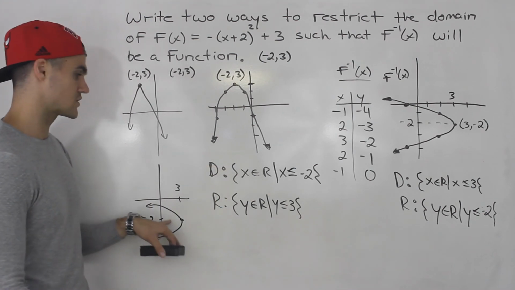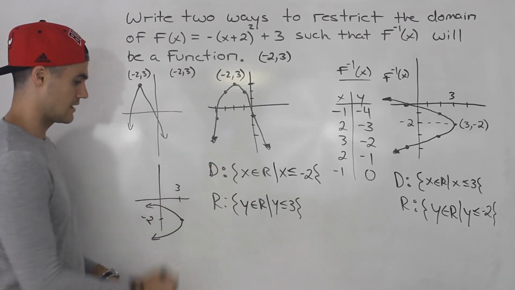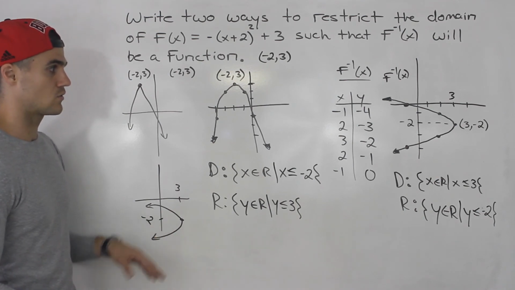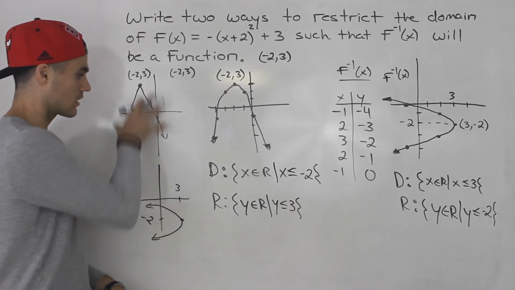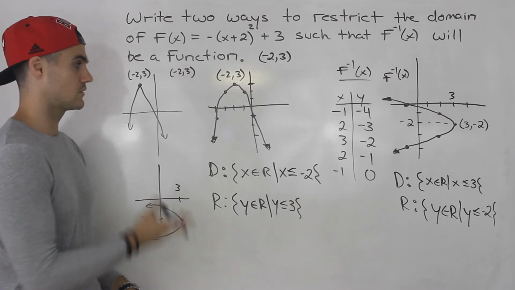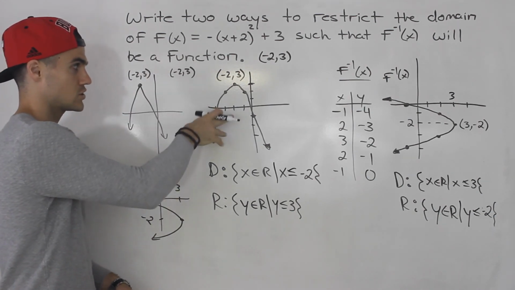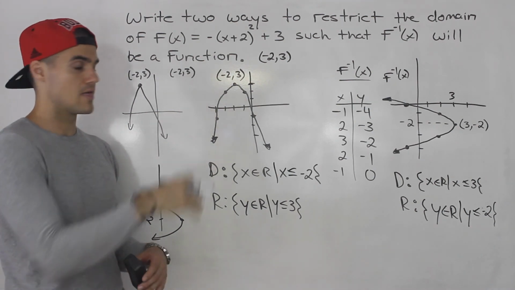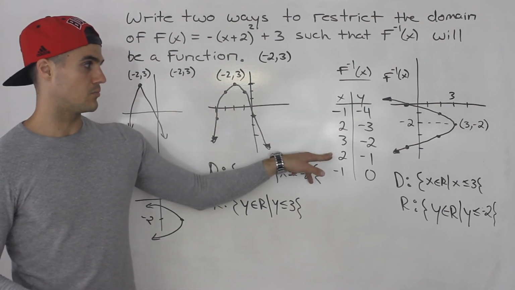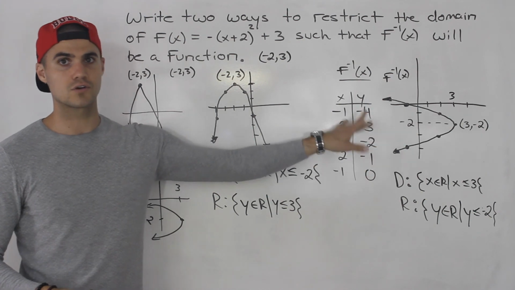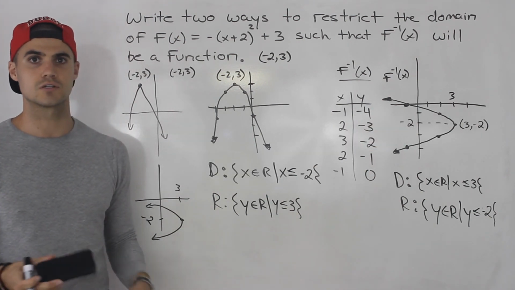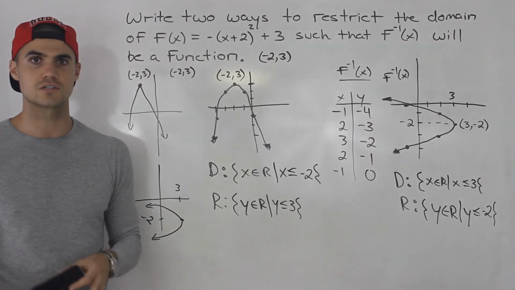That's going to be the domain and range for the inverse, and you can create a rough drawing and then just go from there. But if you're not comfortable doing it quicker, then I'd recommend doing it the long way, making a table of values for the function, making sure the vertex is in the middle, switching the points, graphing the points for the inverse, and then from there you could see how to restrict the domain for the function so the inverse is a function.